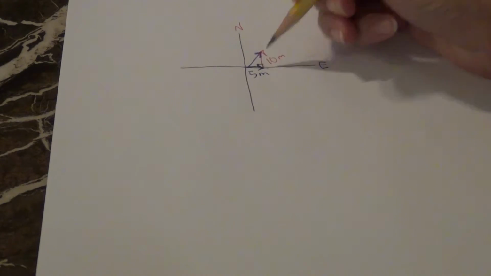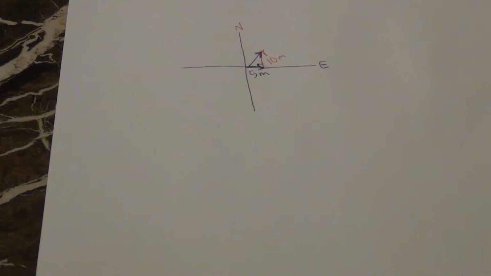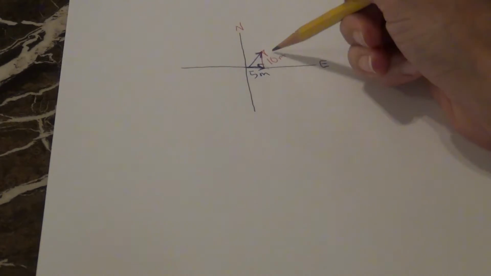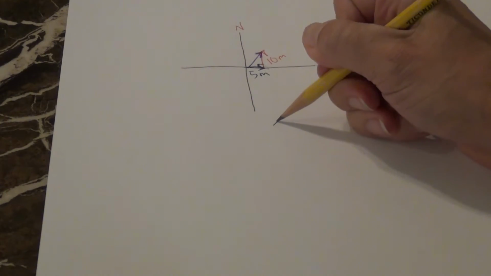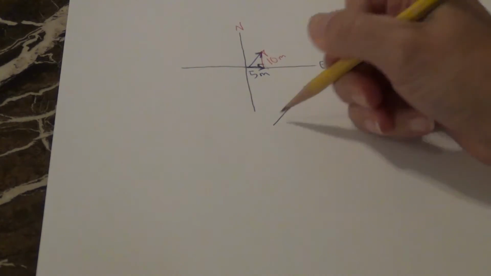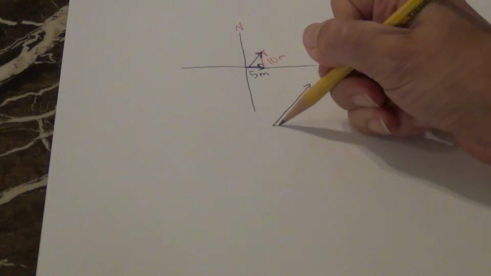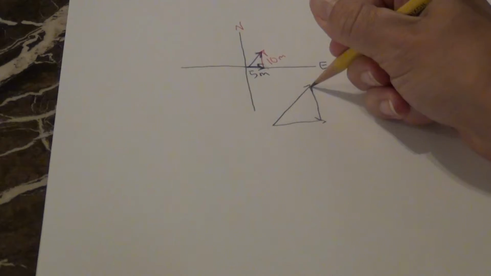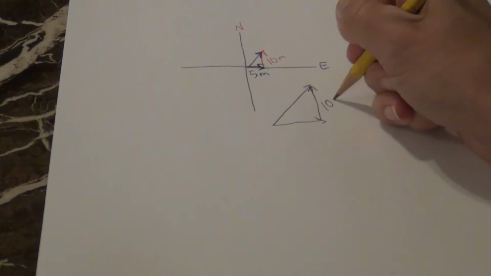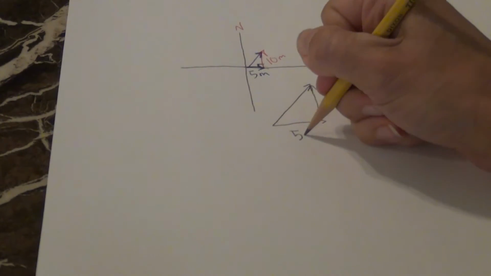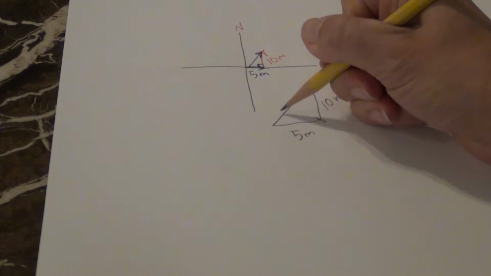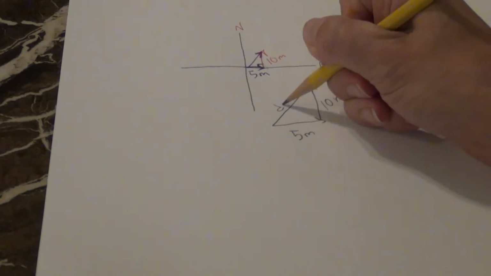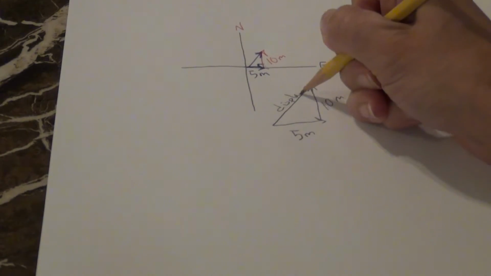So that would be my 90 degree angle. So if that's a right triangle, I have a hypotenuse, and I have one leg and the other leg, right? And that's really not drawn to scale, sorry. Okay, but I could figure out how far this is here, and that's my overall displacement.